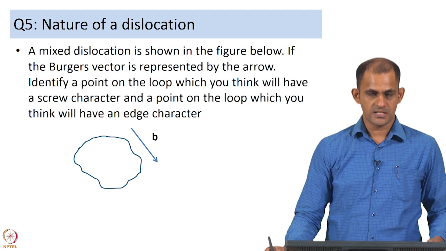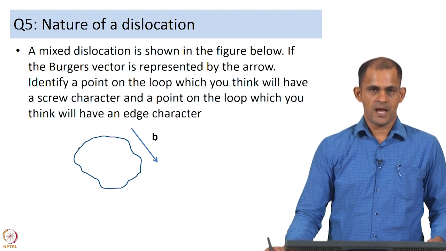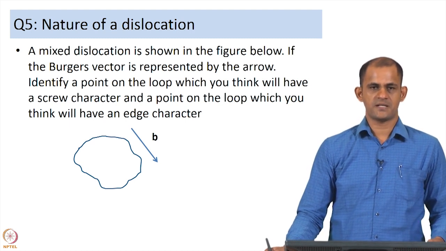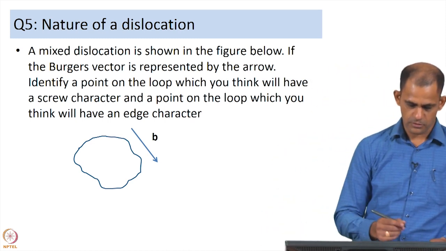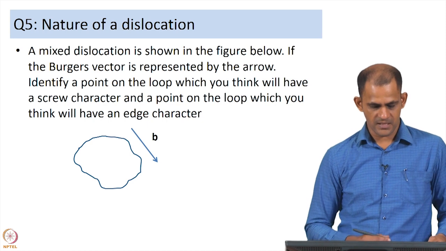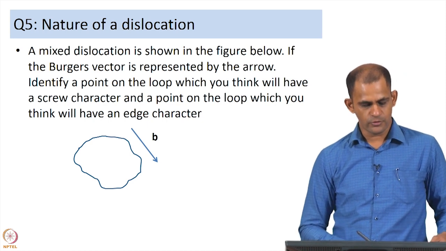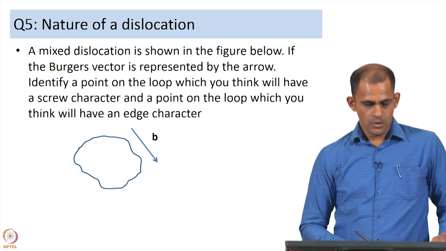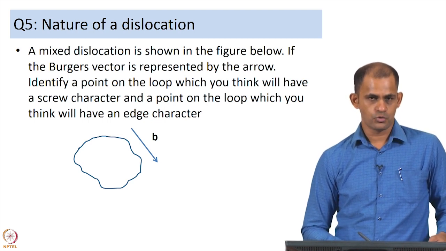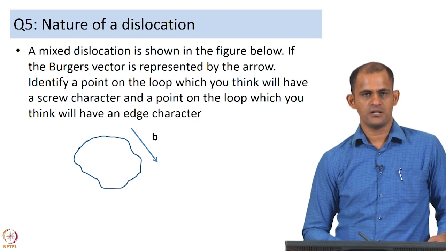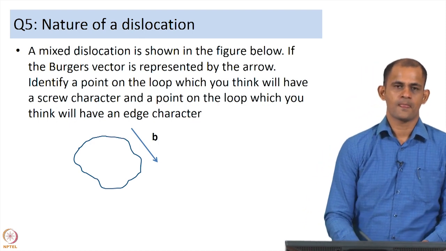Here a mixed dislocation is shown in the figure, and the Burgers vector is represented by the arrow. This is a dislocation loop with a mixed character, and what I want you to tell me is to identify at least a point on the loop which you think will have a screw character and a point which will have an edge character.